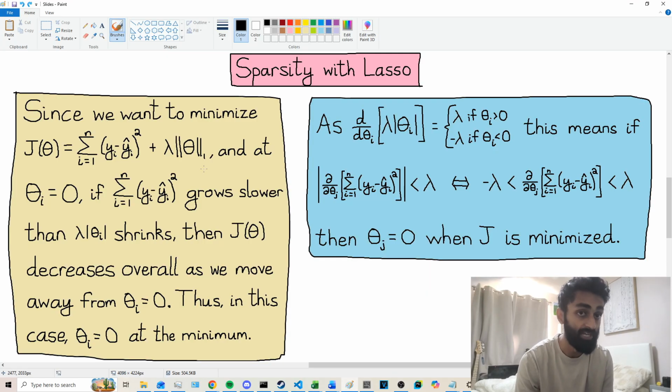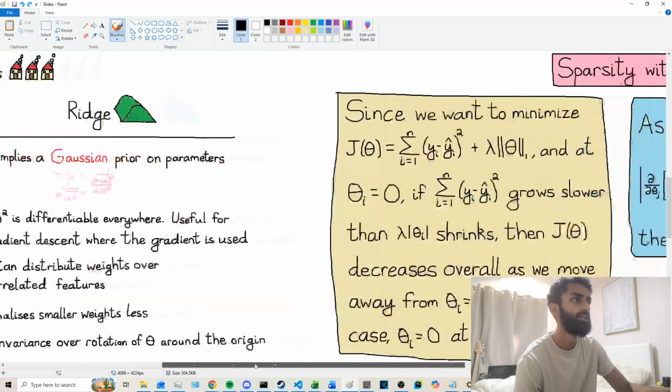A feature of a minimum is no matter how you move on the curve, you're always going to increase your value. But the thing is, because of this non-differentiable point, this corner, it means you have a big range of gradients where this is true. I'll show you what I mean now.